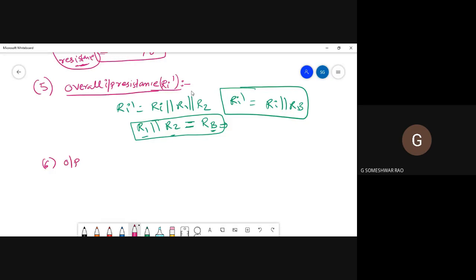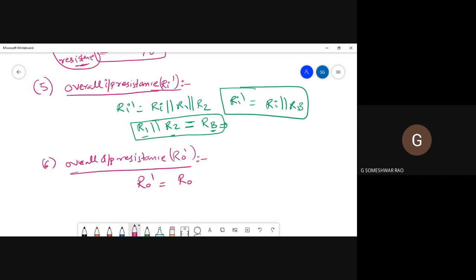Sixth parameter is the overall output resistance, or overall output impedance. So what is R0 dash?